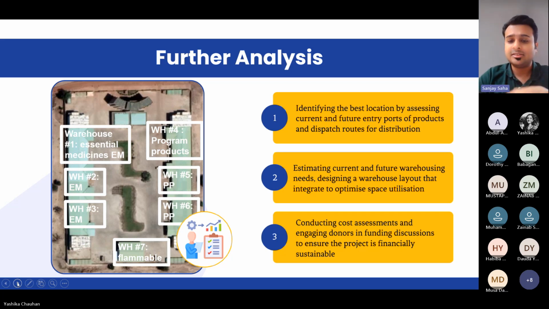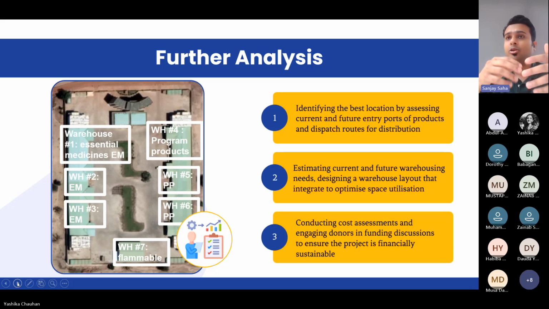Then conducting cost assessments and engaging donors in funding discussions to ensure project is financially sustainable. Again, like I said, one of the causes in this case would have been that they did not have money to construct a fully integrated warehouse at once. So what they did was they constructed one building, then the next, then the next, then the next, and then the next, depending on when the money was available.